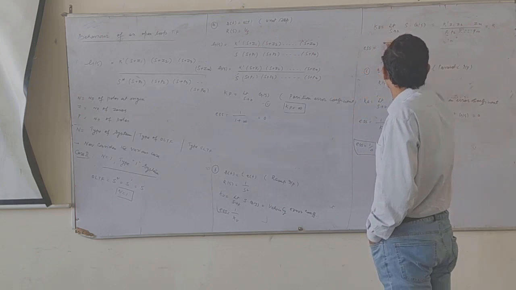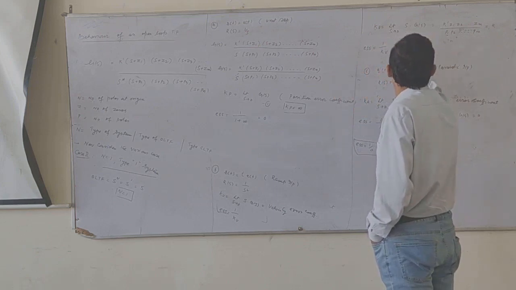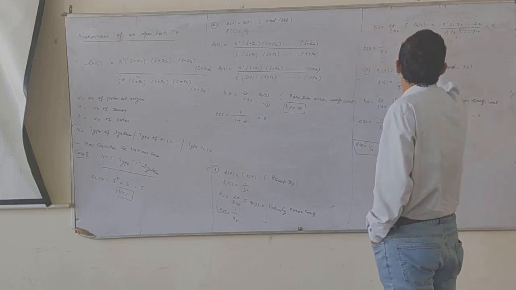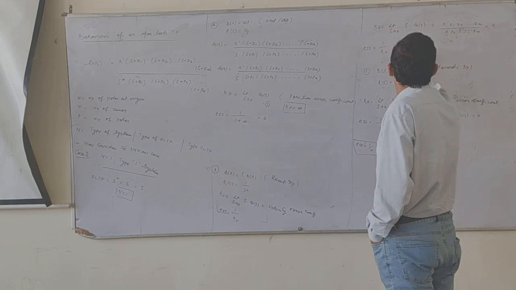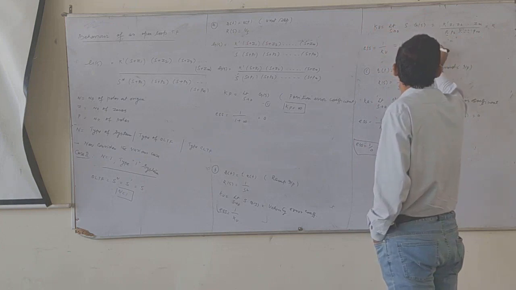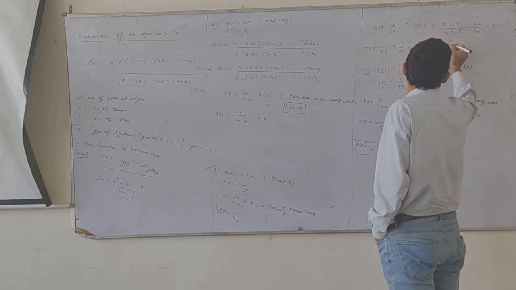We are talking about the ramp input. It will be 1 by kV. So this is some value. Steady state value is 1 by kV. This is a finite value. K dash, whatever you want. Finite value.